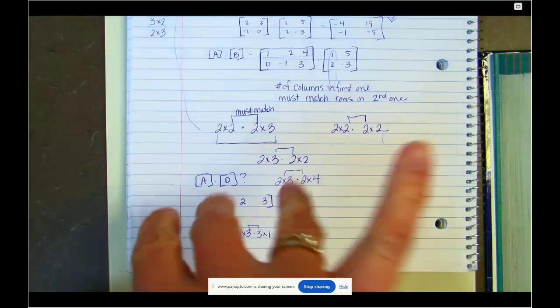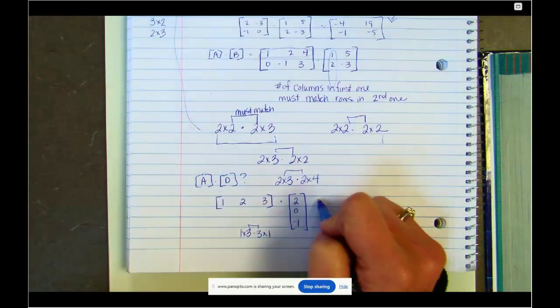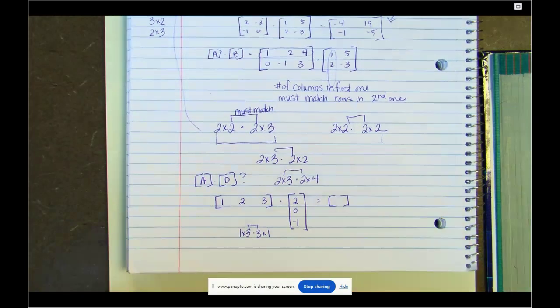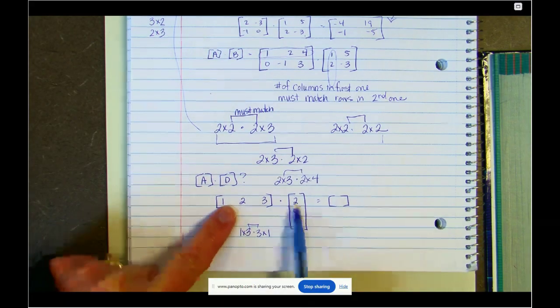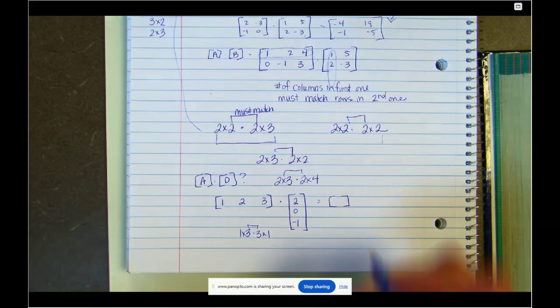So it's really just those 3 times those 3, and your answer is literally a single number. What would the answer to that one be? It's -1, right? This 2, 0, -3. So -1.